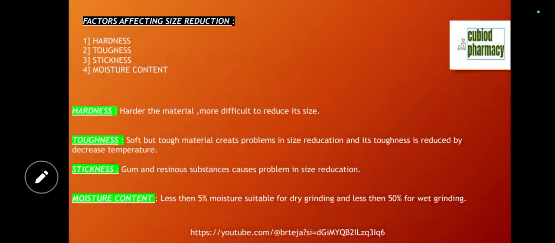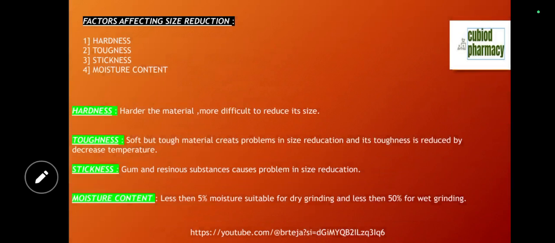Factors affecting size reduction: hardness, toughness, stickiness, moisture content. These depend on the tablets being prepared. Hardness: the harder the material, the more difficult to reduce its size.